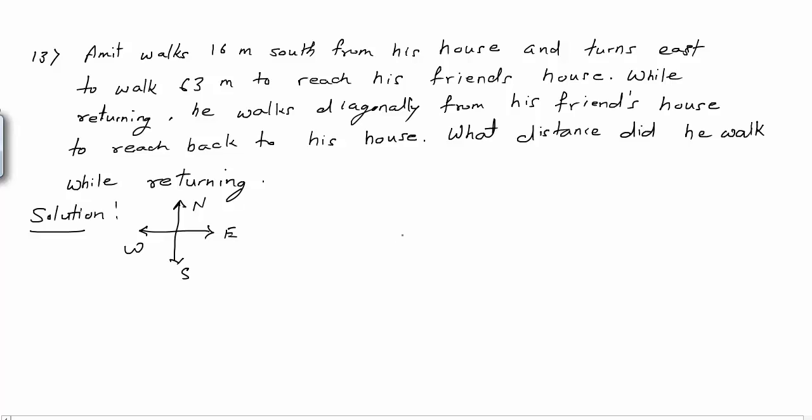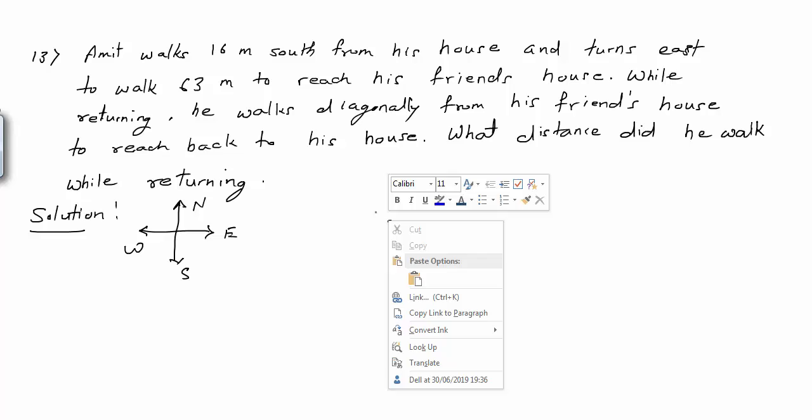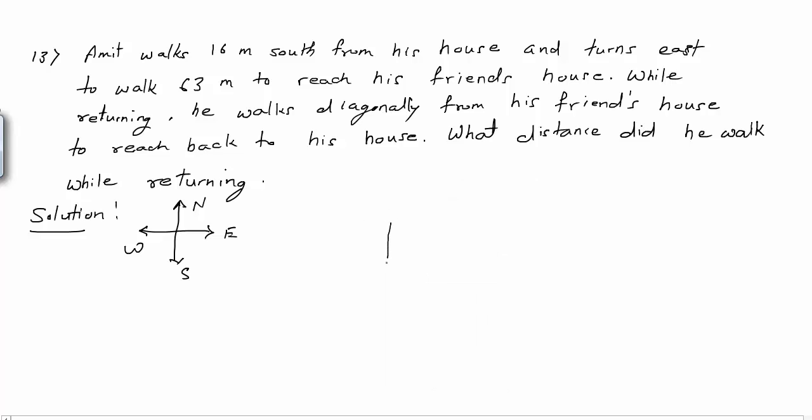So here, Amit walked 16 meters south. So we can use this notation, and from here, suppose this is the house of Amit, and from there he starts walking, and 16 meters he walked south.